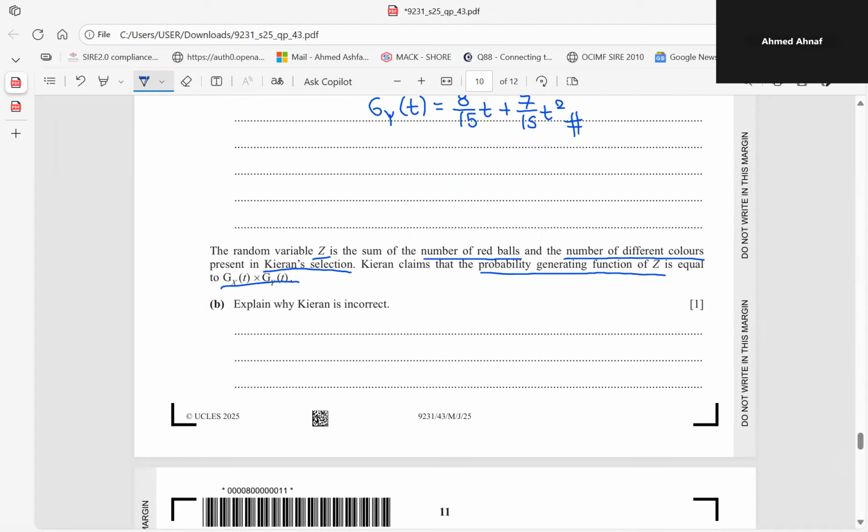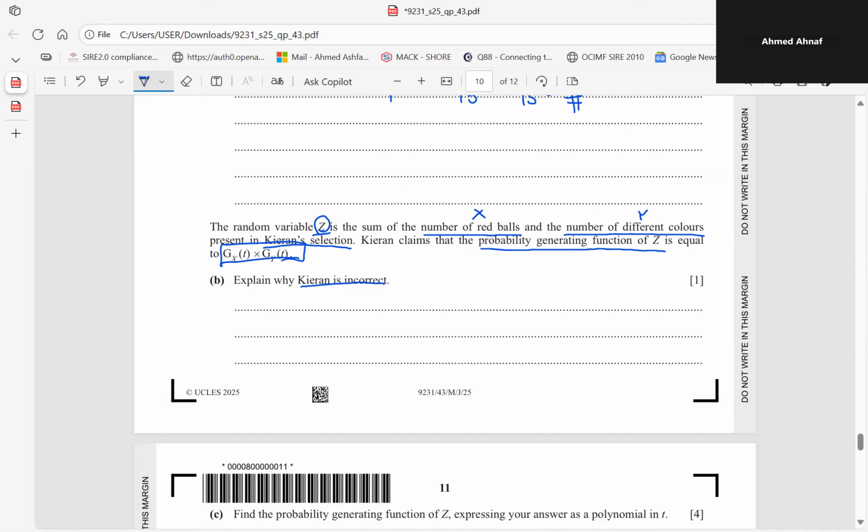So we have to explain why Kieran is incorrect. Basically, if we have this random variable Z and it's a sum of our X and Y, by default this should be valid. But since the question says it's incorrect, the only probable explanation is that X and Y are not independent. I'm going to elaborate more on this right now.